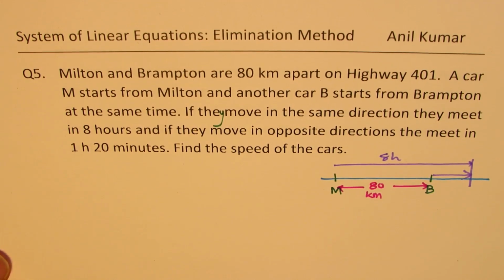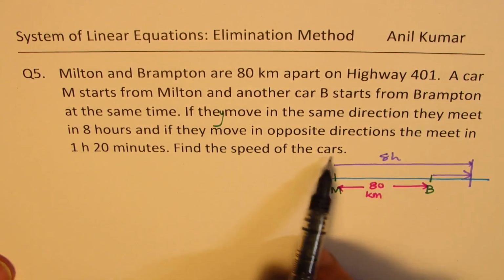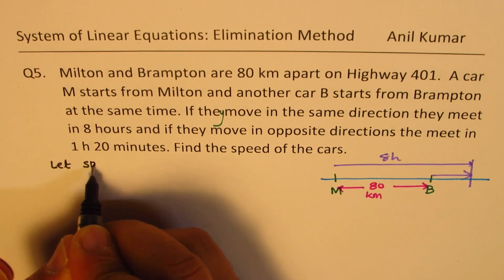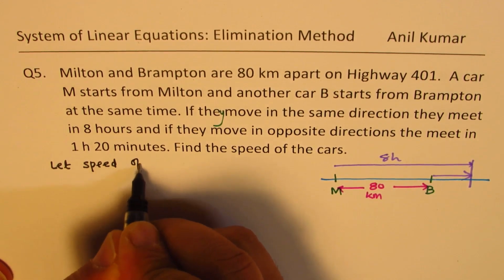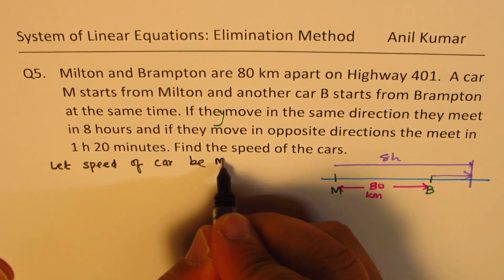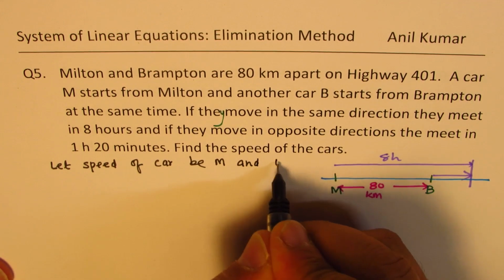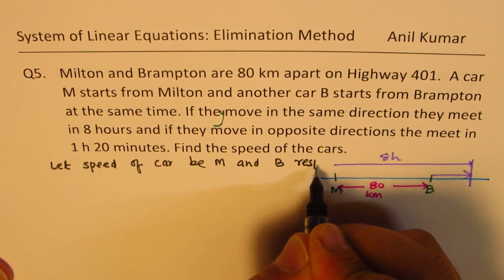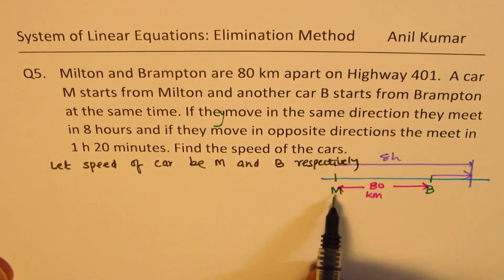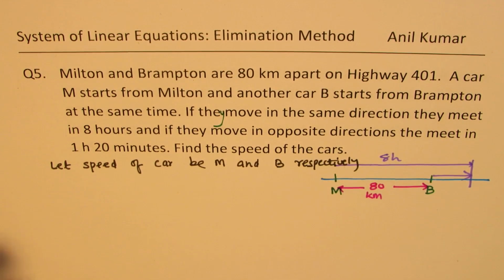Let's define our variables. We need to find the speed of each car. So let the speed of the cars be m and b respectively. I mean m for Milton, b for Brampton. Is it okay?